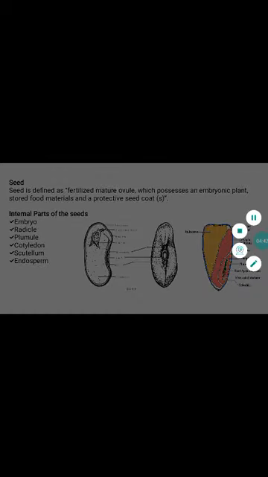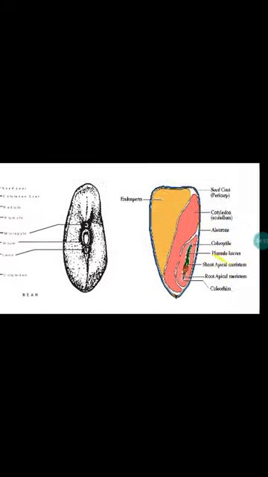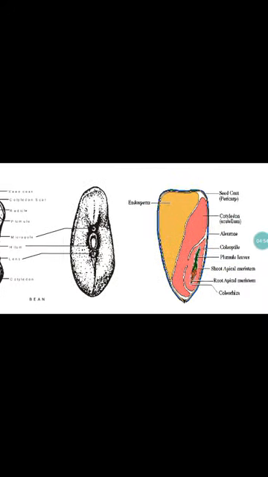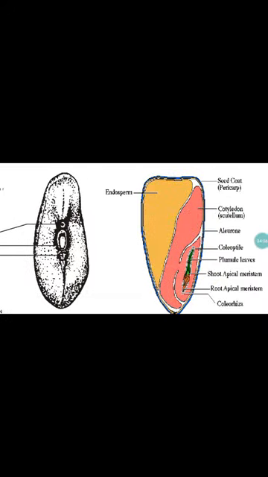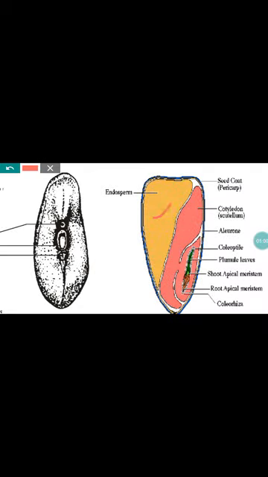Here I can explain with the monocot structure also. Here a maize seed is available. This is the structure of a monocot. You can see this particular part, the total yellow or orange colored portion, that is the endosperm, the storage organ.